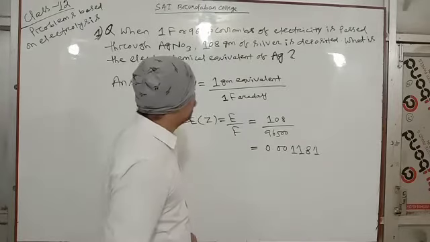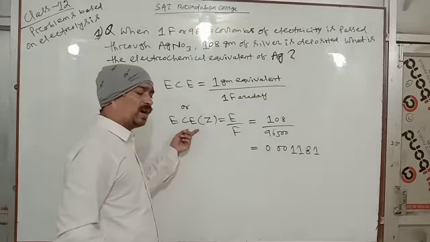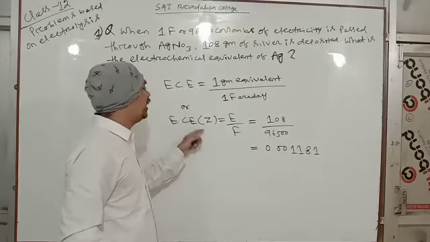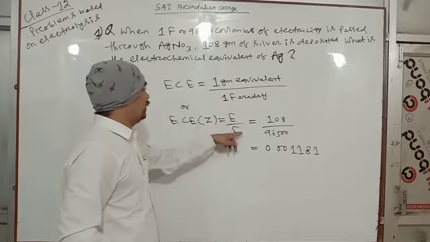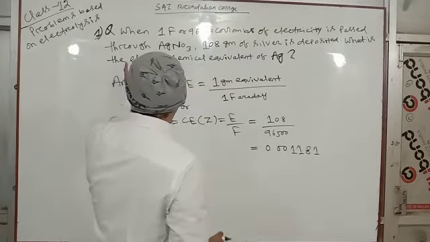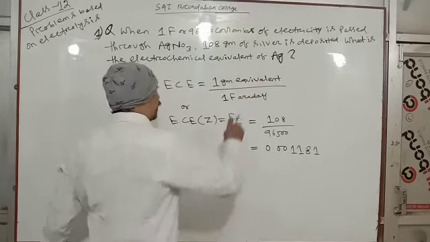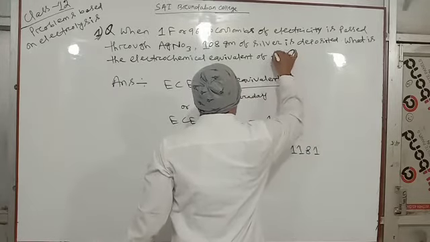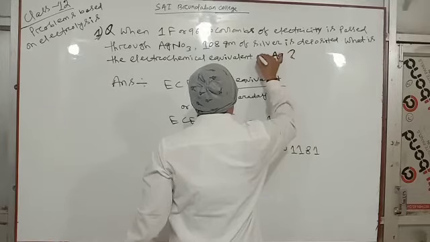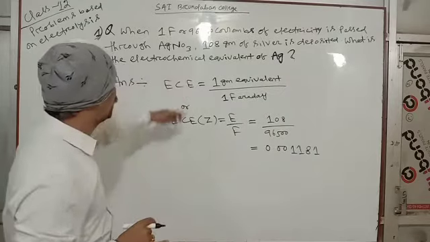So whenever they ask for EC or Z, it is always E by F. What is the electrochemical equivalent of silver?